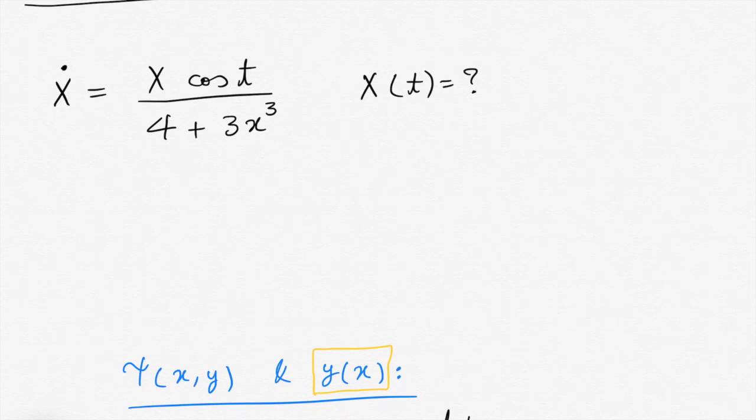So we have x dot equal to x cosine of t over 4 plus 3x to the power 3. What is the x we're seeking for?